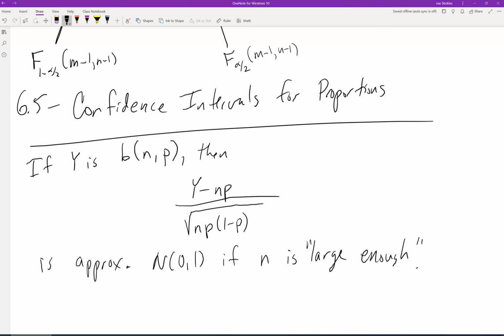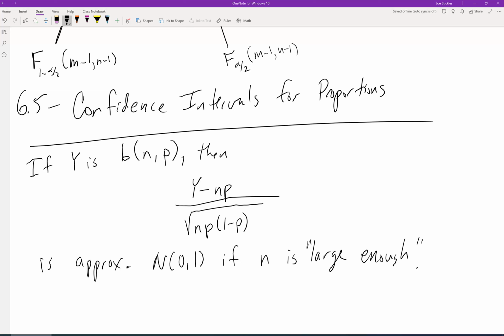If you do a sum of independent random variables and you have enough of them, then by the central limit theorem, the sum is approximately normal, right? So we're taking that, this is the sum of a whole bunch of Bernoulli trials. So even though it's a binomial random variable, if we think about it as a sum of Bernoullis, if there's enough trials, that sum will be approximately normal.